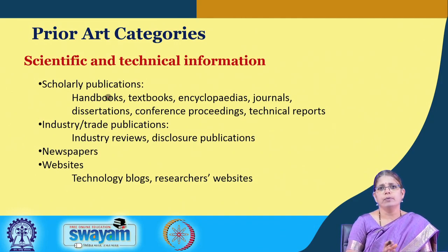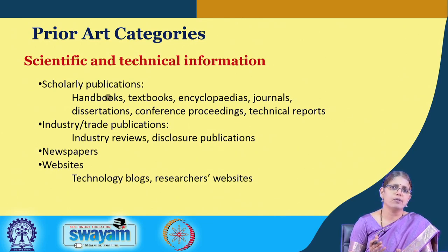A whole body of technical information available in different databases today is easily accessible in order to carry out what we call the prior art search in relation to non-patented literature. This can encompass a whole series of documents, which can include handbooks, textbooks, encyclopedias, conference proceedings, technical reports, dissertations.